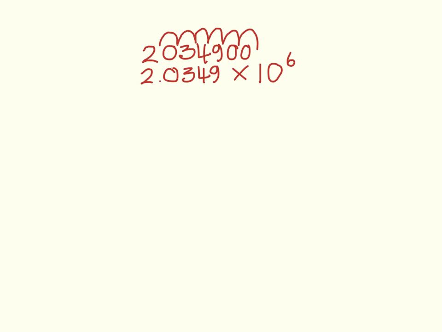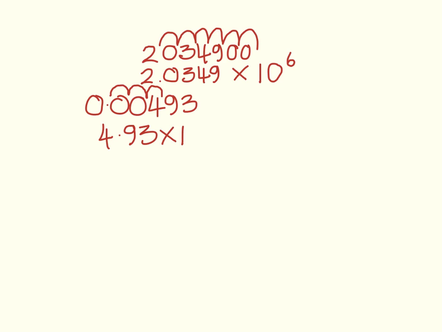Okay, so that's the way that we determine that. If I am going to write a really small number like 0.00493 in scientific notation, I write it as a number between 1 and 10, so 4.93 multiplied by, and here we go backwards, so it's going to be a minus number, 1, 2, 3, 10 to the minus 3.